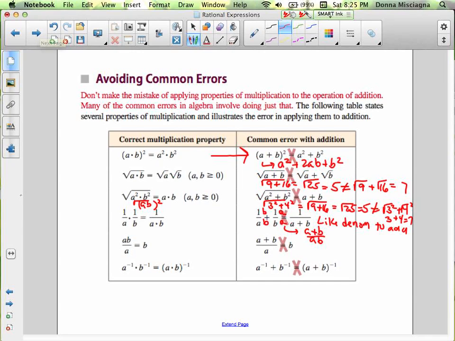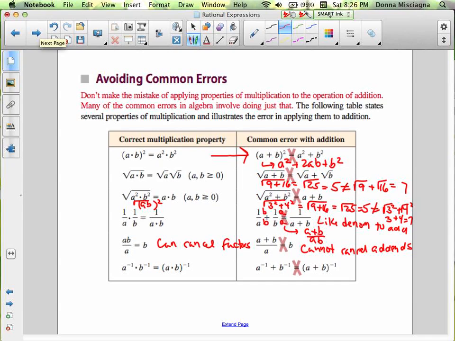We can cancel factors in a product. We have an a in the numerator and an a in the denominator. The terms in the numerator are multiplied, so we can cancel the a's and it would equal b. You can cancel factors. You cannot cancel add-ins, things that are added together. And you can show that with any number.